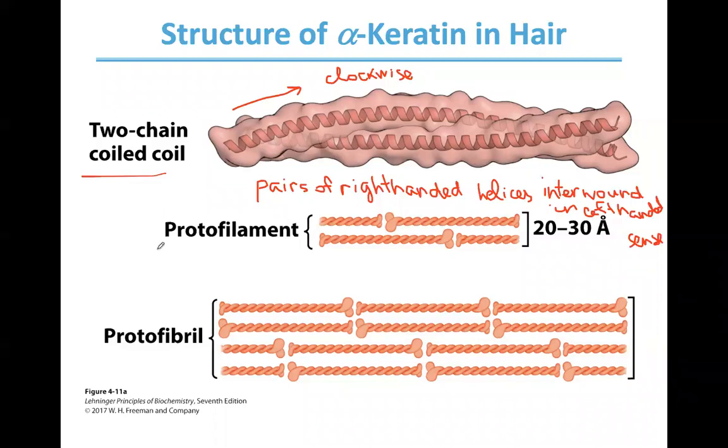They form protofilaments. Then more of them form what's known as protofibrils, and then eventually intermediate filaments. And this obviously gives a lot of strength to the structures.